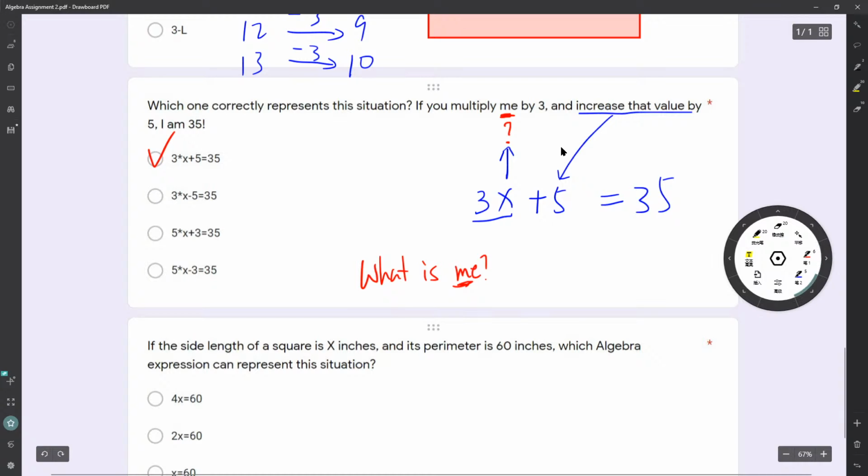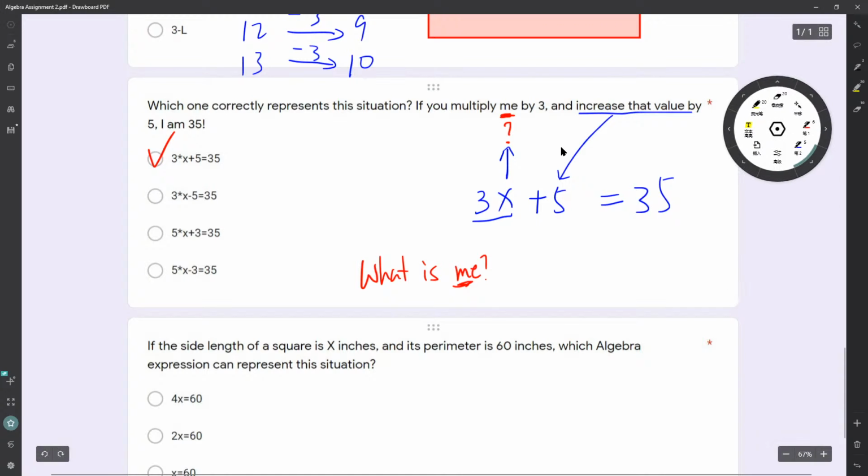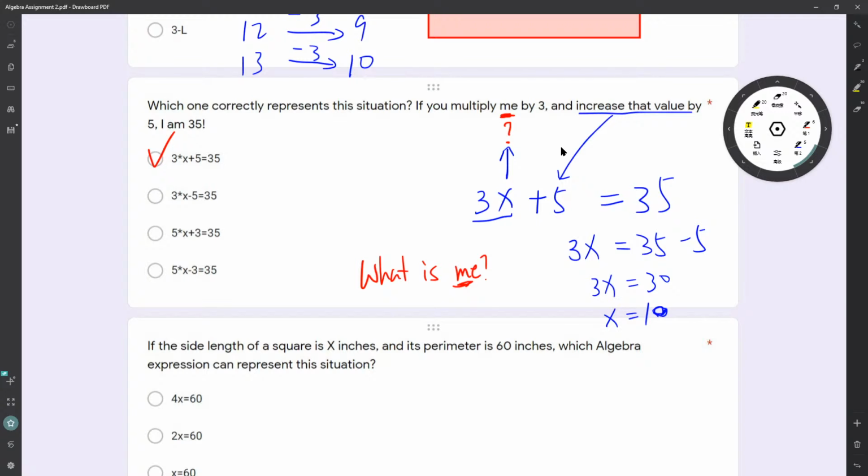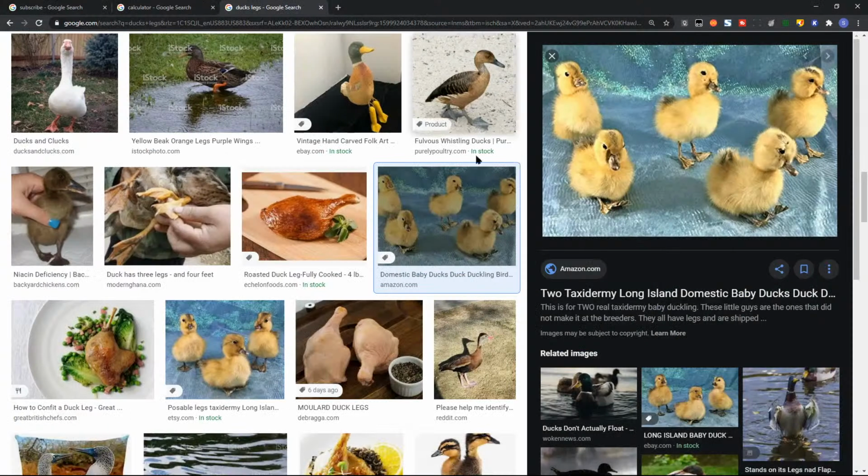We are going to talk about how to solve equations later, but let me just show you for the time being. 3x equals 35, subtract 5, 3x is 30, x is 10. Is that true? Let's verify.